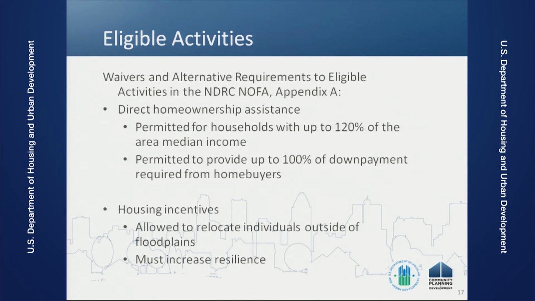Appendix A, therefore, includes a provision that permits the use of NDR funds for housing incentive payments to relocate individuals outside of floodplains areas. Applicants interested in this use of NDR funds should refer to Appendix A, as it includes information on documentation that grantees must maintain and information on how HUD will assess compliance with this eligible activity.